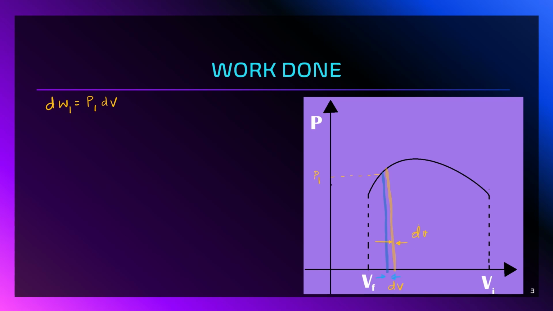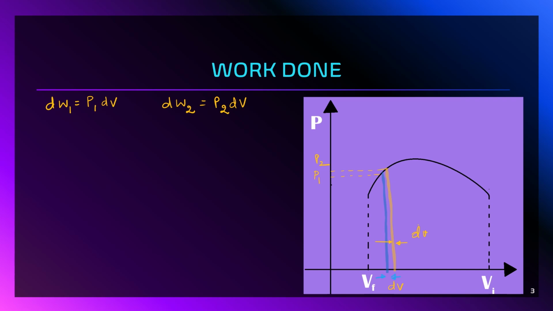And the pressure there, let us take as P2. So now this is also going to give me a small work. How much is it? Pressure there is P2, volume again is the same, dV.